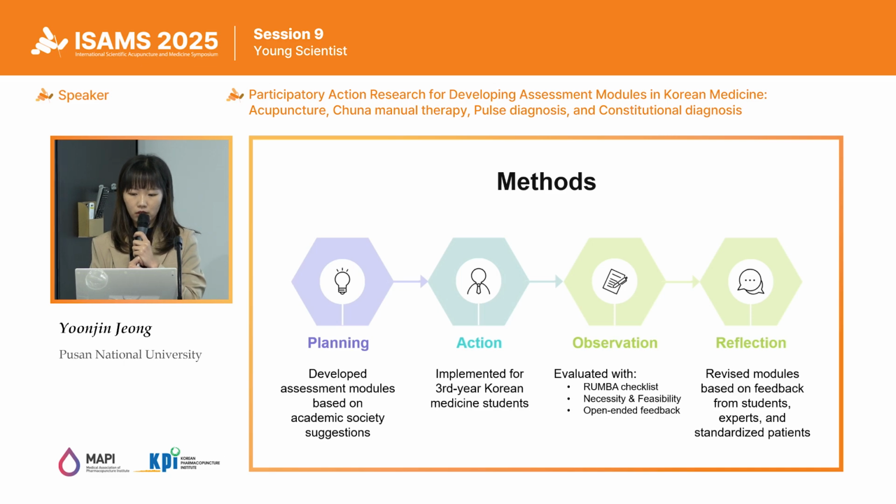In the observation phase, we evaluated the modules using the RUMBA checklist, necessity and feasibility scores, and open-ended feedback. And finally, in the reflection phase, we revised and improved the modules based on the feedback.